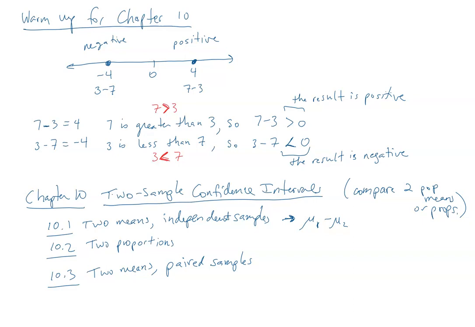And what does that mean about mu1 compared to mu2? And same thing with proportions. We're going to look at population proportion 1 minus population proportion 2, and talk about, is that result positive or negative, or maybe is it 0? And what does that say about the individual proportions? And then we'll learn what independent versus paired means. All right, so that's all I want to say for now.